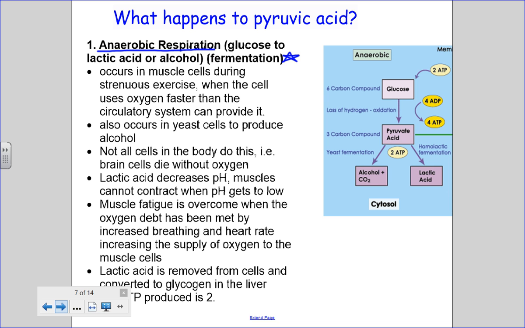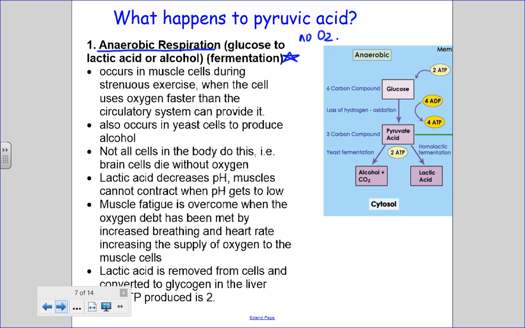They're both based on no oxygen available. The difference is that anaerobic respiration happens in organisms usually who would perform cell respiration aerobically, but they can't. Fermentation happens in organisms that normally wouldn't perform cell respiration with oxygen.